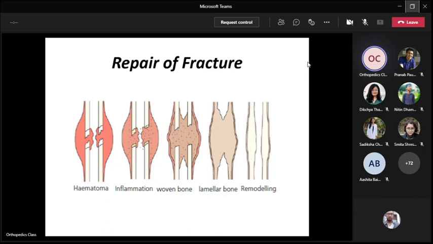Later on lamellar bone is formed, and at last, after remodeling, the bone which was broken is completely repaired and looks almost normal as before. I am showing you a brief in the pictures. There are 5 stages: stage of hematoma, stage of inflammation, formation of soft callus, formation of hard callus, and the stage of remodeling. These are the 5 stages by which any bone heals.